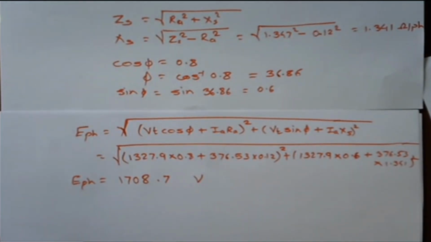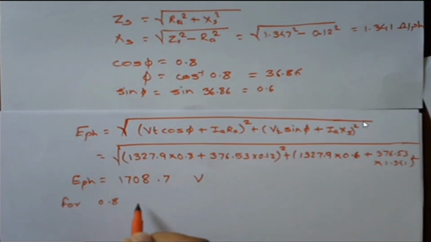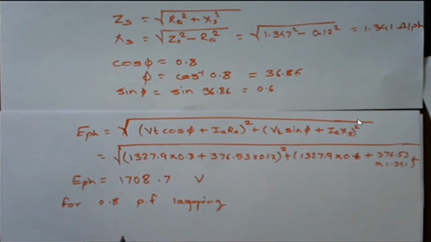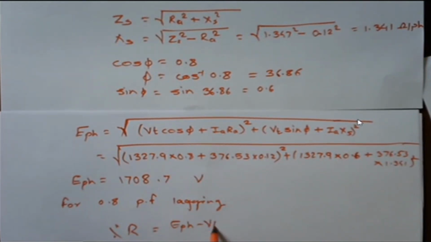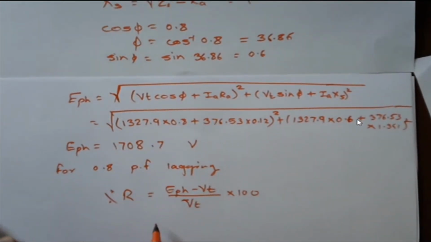For 0.8 power factor lagging, percentage voltage regulation is equal to (EPH minus Vt) divided by Vt into 100. So I will place the values.